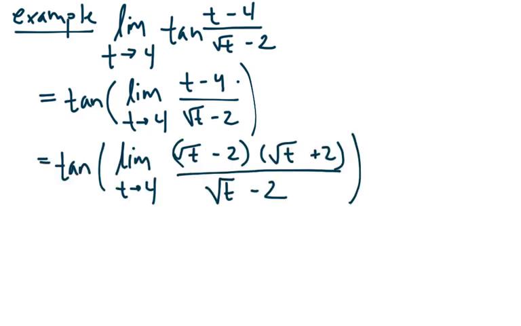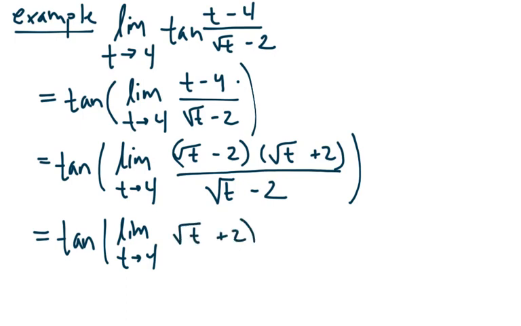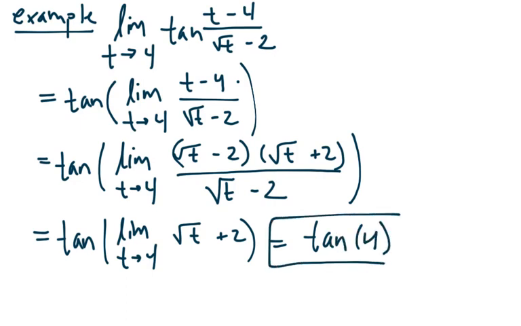Okay, now we can see that we've got root t minus 2 over root t minus 2, simplifies to 1, and we get the tangent of the limit as t goes to 4 of root t plus 2. We can now solve this with direct substitution, so the root of 4 is 2, so we end with the tangent of 4 as our limit.